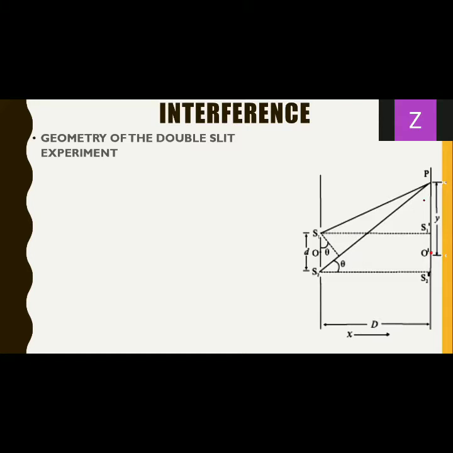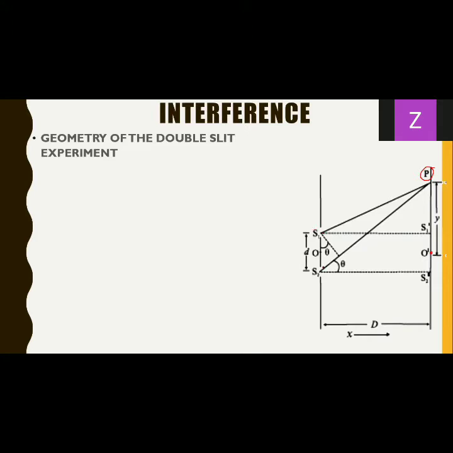Now this is our area of interest, point P, which is any point P on that particular screen. We don't know which band is formed at that particular point, whether it is a bright band or a dark band. We will decide that later. So this is any point P considered on this screen.